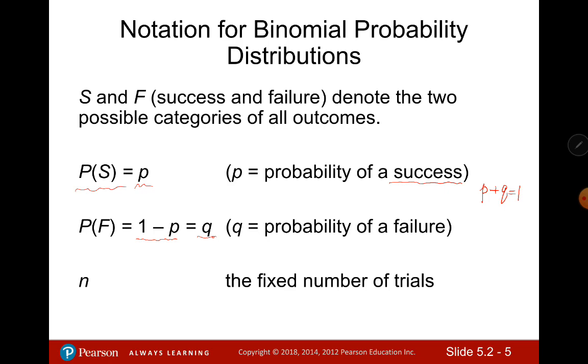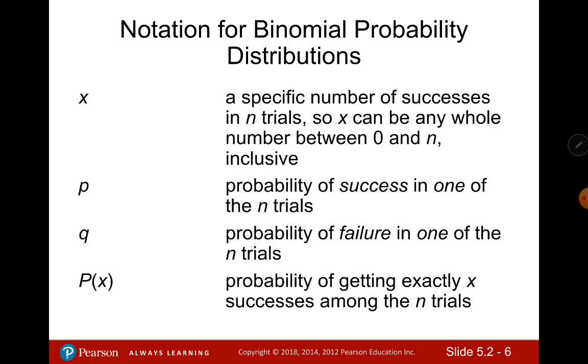The fixed number of trials is still n. Here we have x. In total we have n trials, and x means the number of successes.